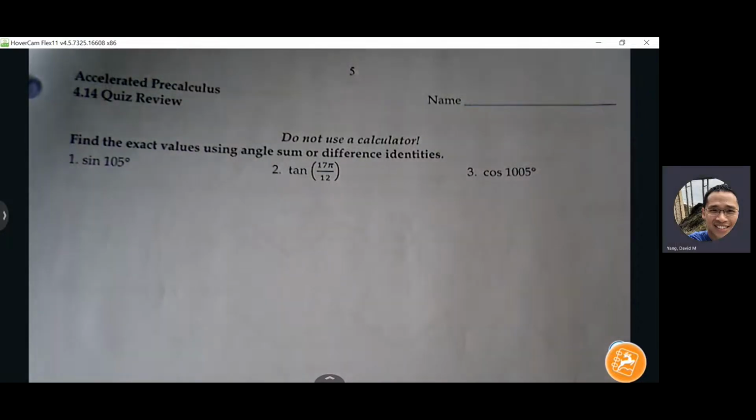Okay, so first thing we do here is recognize that 105 is not an angle that we recognize on the unit circle.